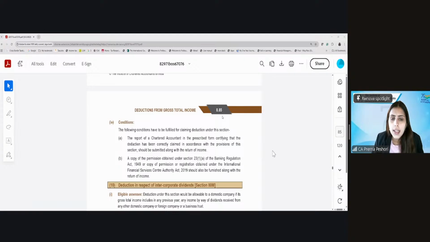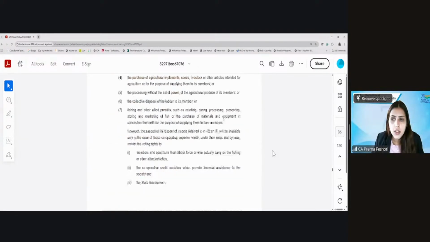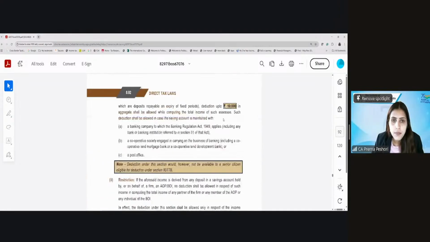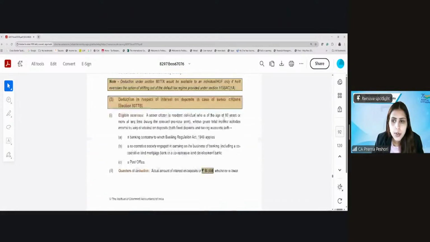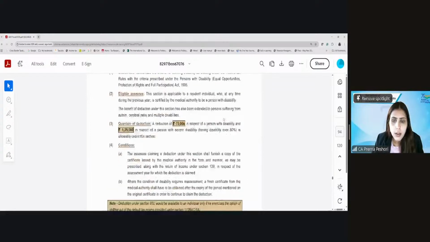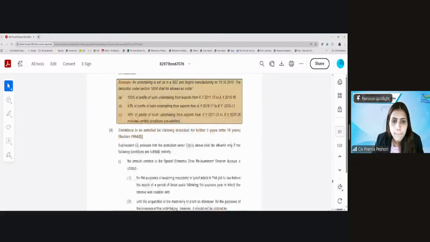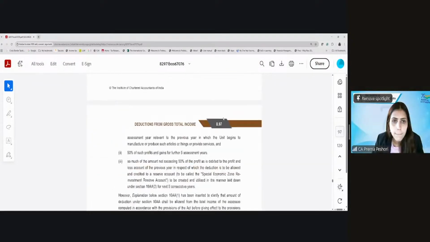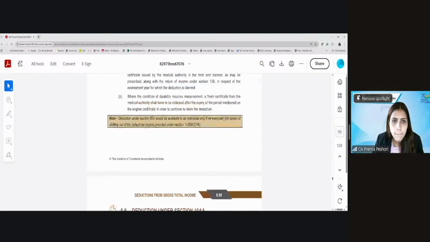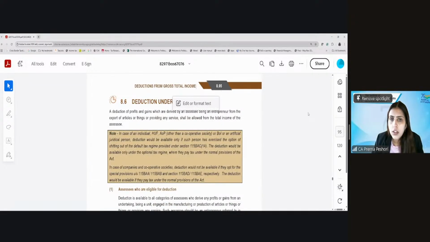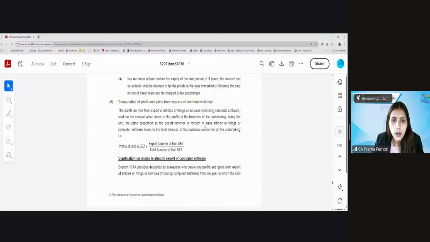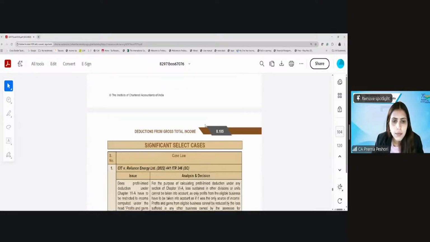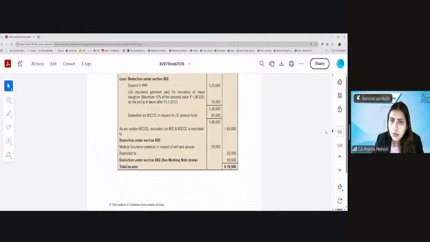Let us start with the first deduction, which is in respect of 80-IA. Deduction under 10AA is what we'll cover after 80-IA, IB and all of that. Where is it in the module?